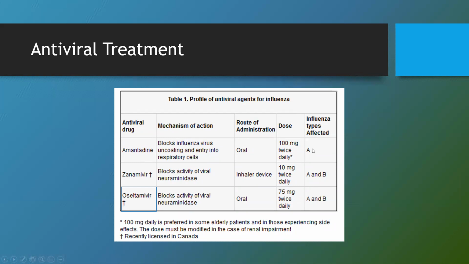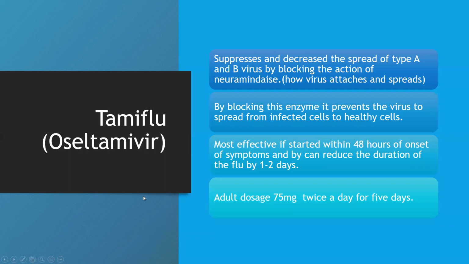It only affects influenza type A. And the other two block the activity of viral neuraminidase, which is really the protein that helps the virus attach to and release from host tissue. And most are familiar with this one, which is the scientific name for the generic of the brand Tamiflu.